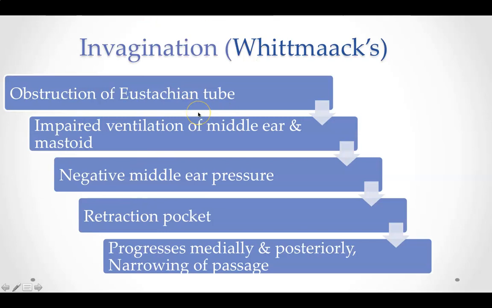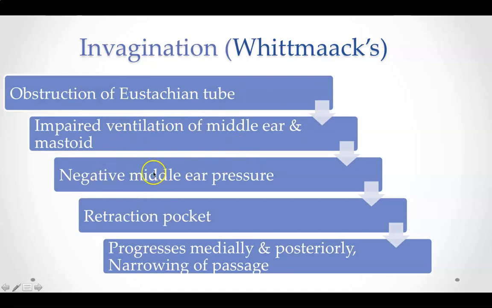Now, talking about invagination theory, or Whitmark's theory. In that, there will be obstruction of the eustachian tube. Because of obstruction of the eustachian tube, there will be impaired ventilation of the middle ear cleft.